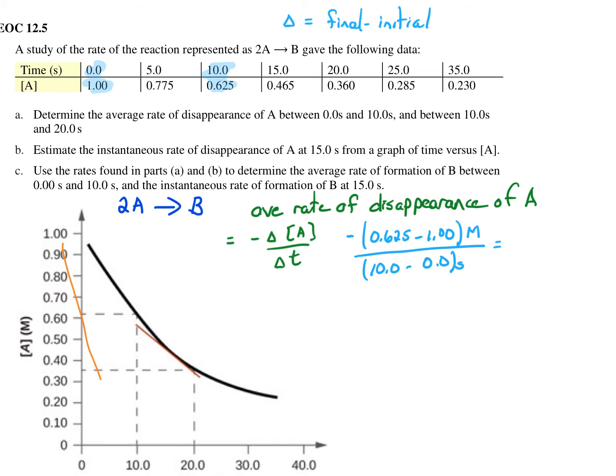Numerically, this is equal to 0.0375, and our units are molar per second, or we can write moles per liter per second.